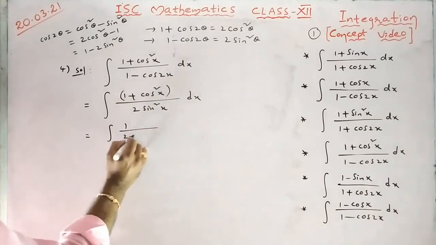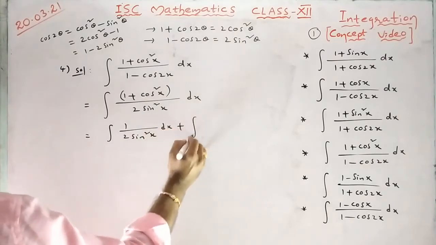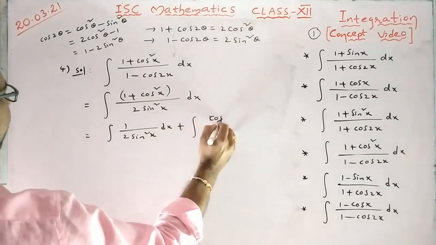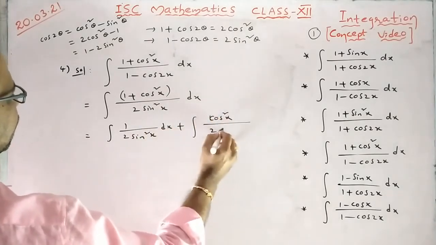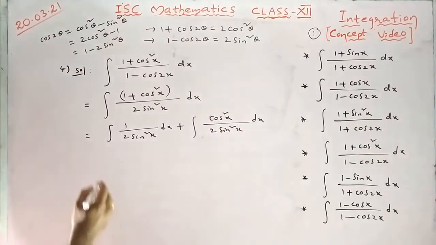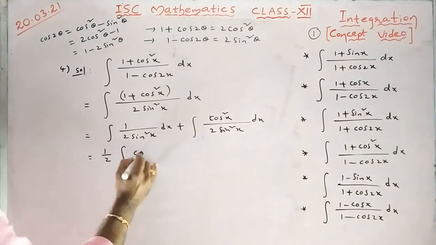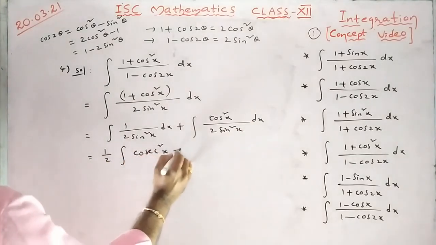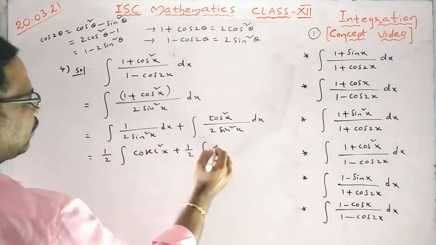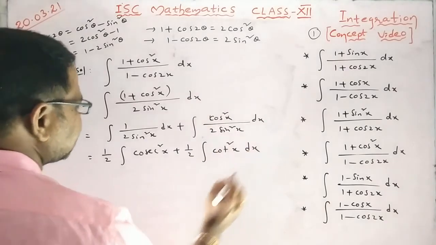Integral 1 by 2 sin square x dx plus integral cos square x by 2 sin square x dx. Okay. So 1 by 2 integral 1 by sin square is cosec square x. 1 by 2 integral cos square by sin square is cot square x dx.